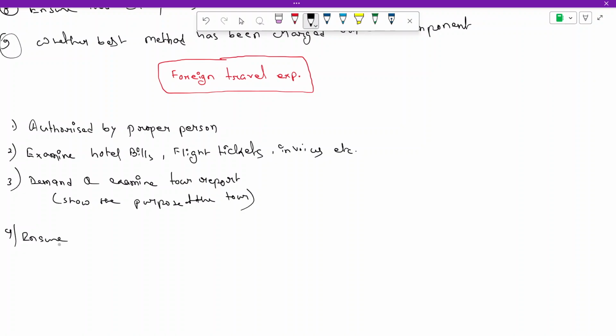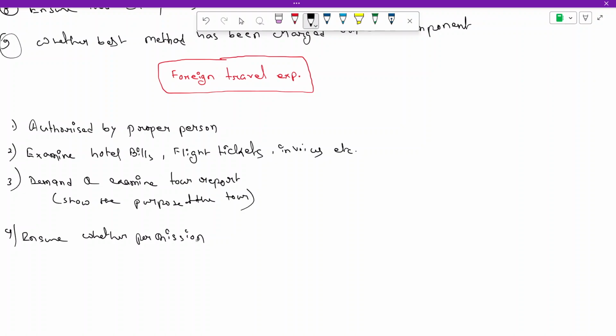Ensure whether permission of RBI. RBI has already set an amount for individual traveler. So if the person is willing to spend more or withdraw more foreign exchange above permissible limit, he or she shall take permission from RBI.